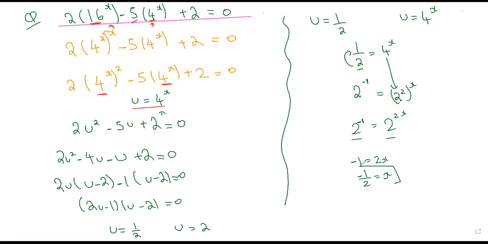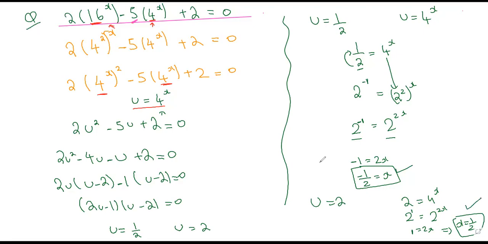Similarly, you can use the other value of u, that is 2, and this will give you 2 equals 4x, 2 equals 2 square x, and then 1 equals 2x because I have compared the powers. And finally, this time I'm getting x equals 1 by 2, right? So these are the two values of x which you will get. So did you understand this?